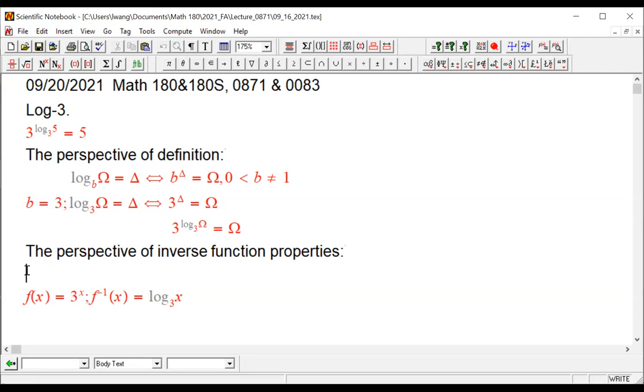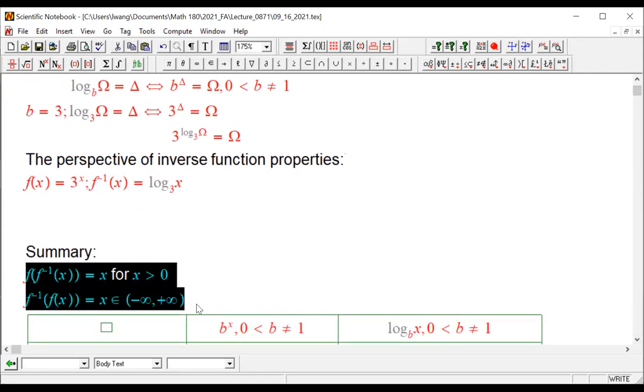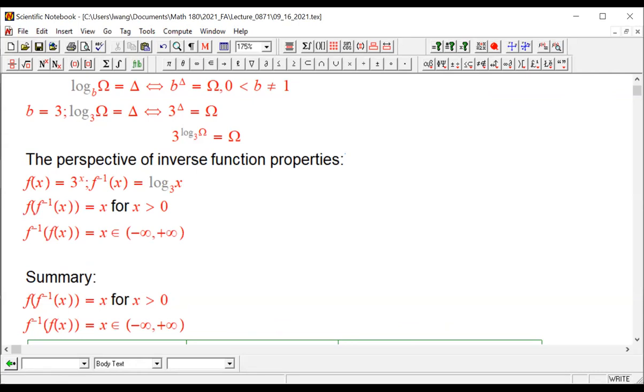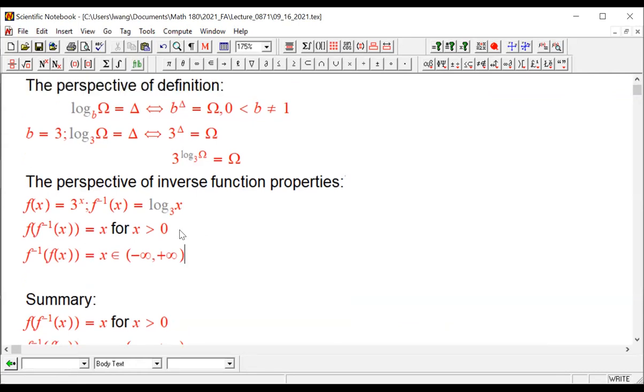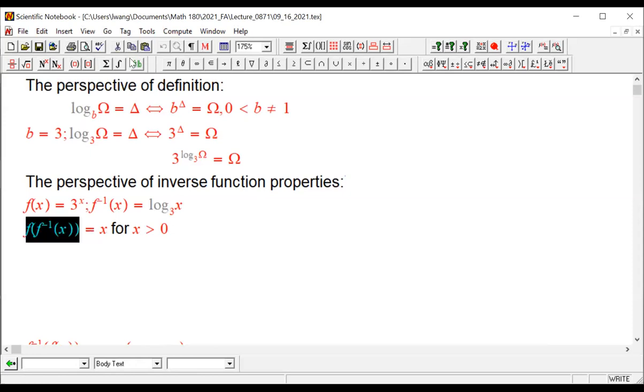And what is it? The inverse function perspective is here. In particular, if you look at the first one, f of f inverse of x, what would that be?